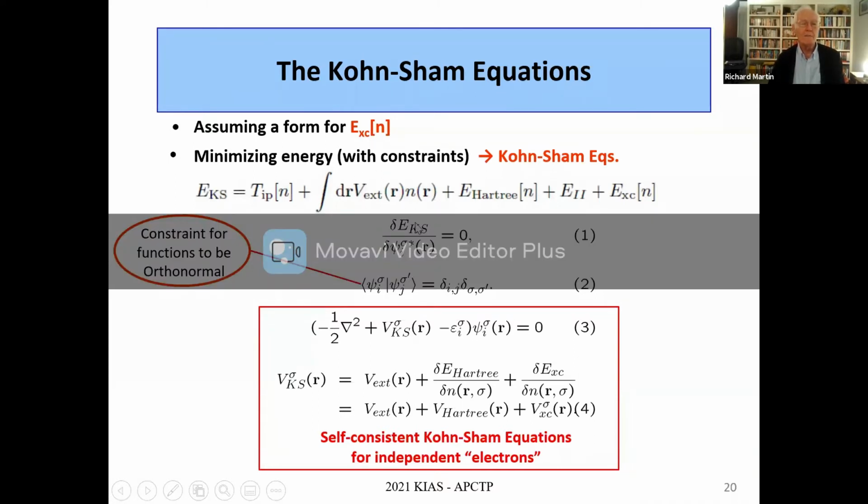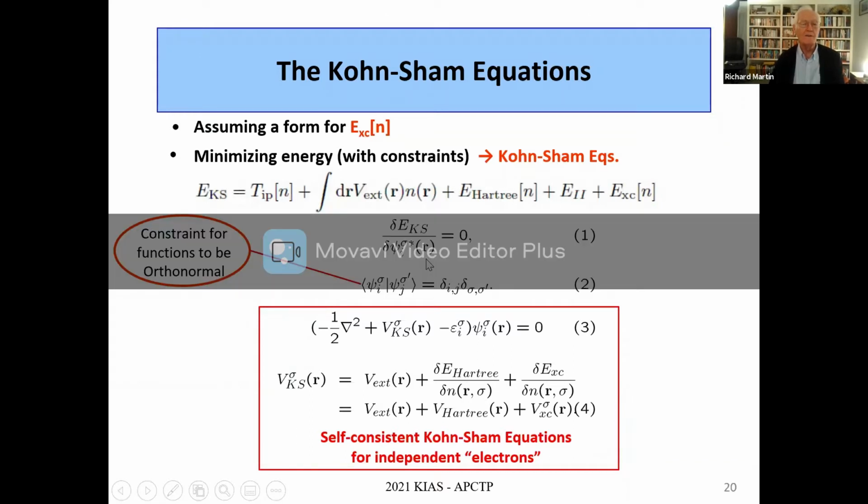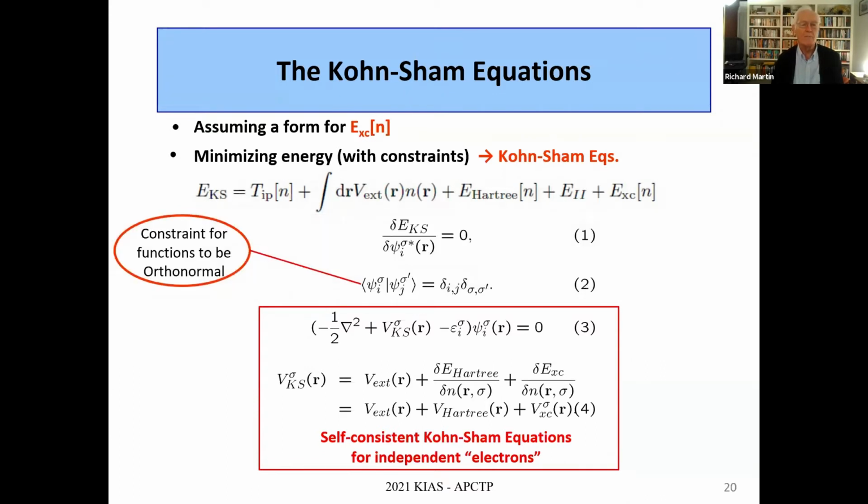Since the variables in this auxiliary system can be viewed as the set of wave functions for the particles, these equations can be developed by saying that you must get to the stationary point of the energy with respect to all those variations, with the constraint that the functions have to be orthogonal since they're fermions.